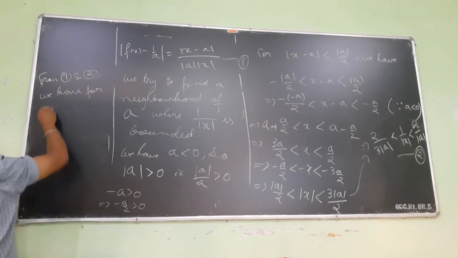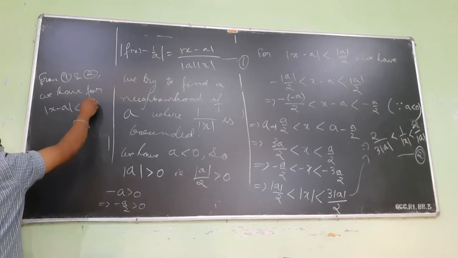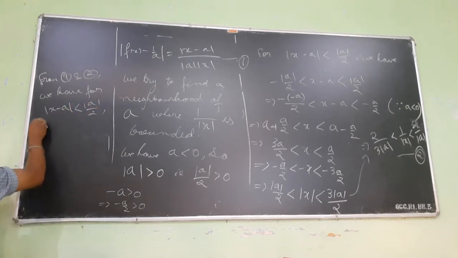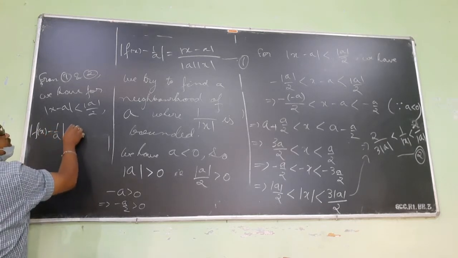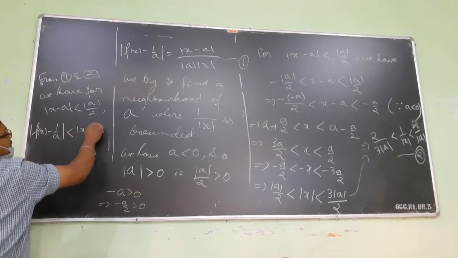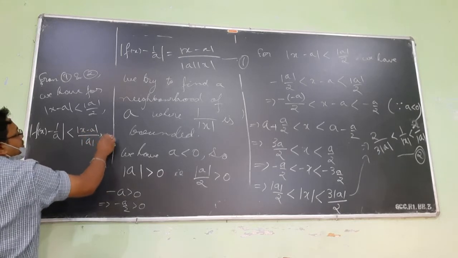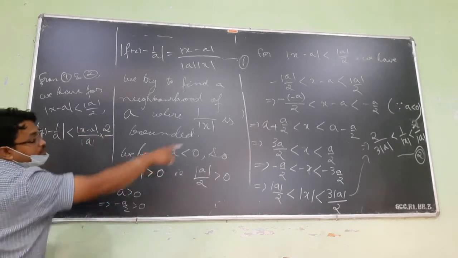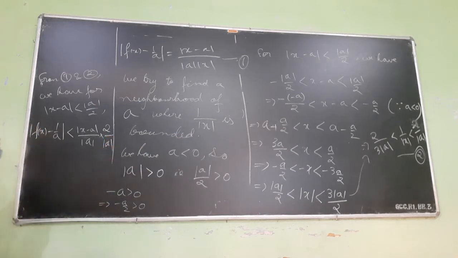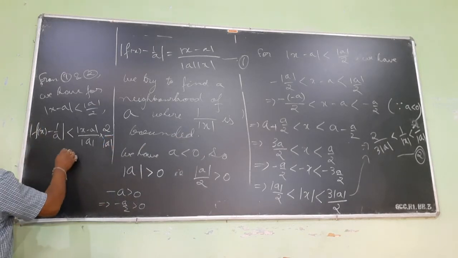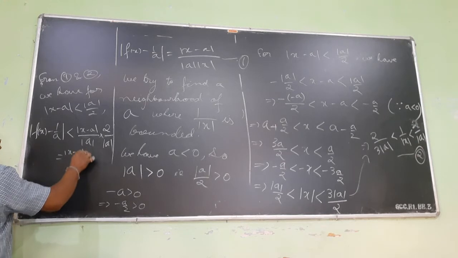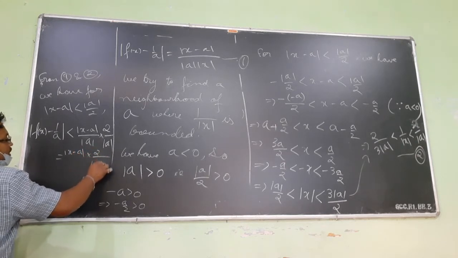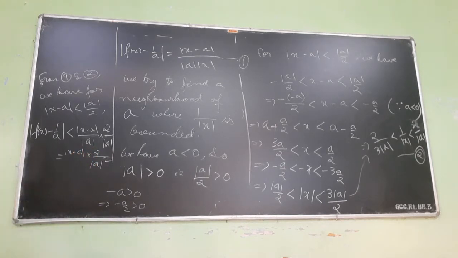for mod of x minus a less than mod a by 2, mod of f(x) minus 1 by a is strictly less than mod of x minus a by mod a multiplied with 2 divided by mod a. That is actually equal to mod of x minus a multiplied with 2 by mod a square. 2 by mod a square is same as 2 by a square.